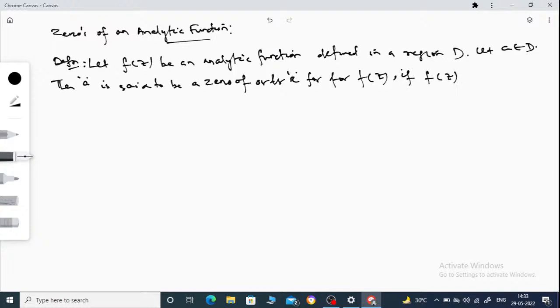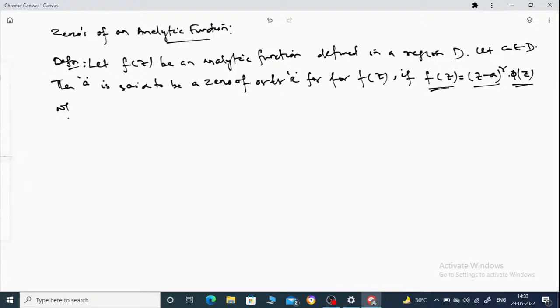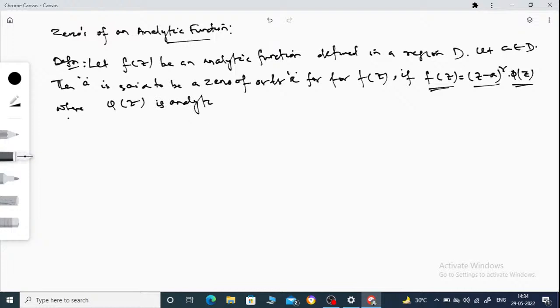f of z can be written as (z minus a) to the power r into phi of z, where phi of z is analytic at a, but phi of a is not equal to 0.